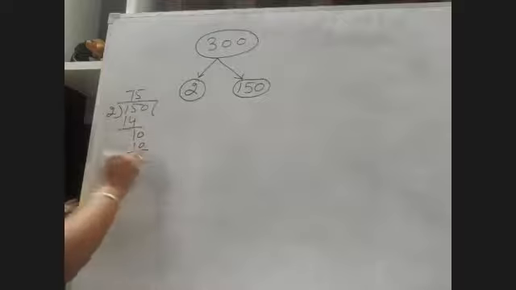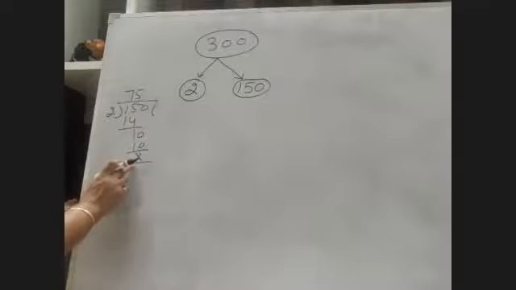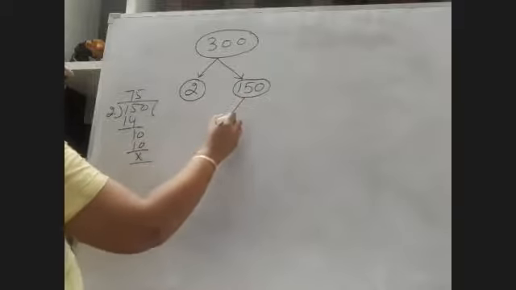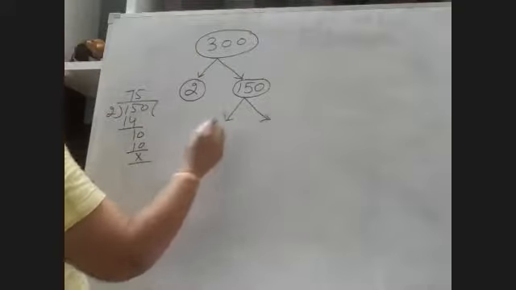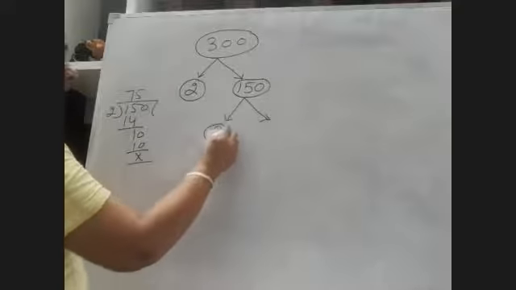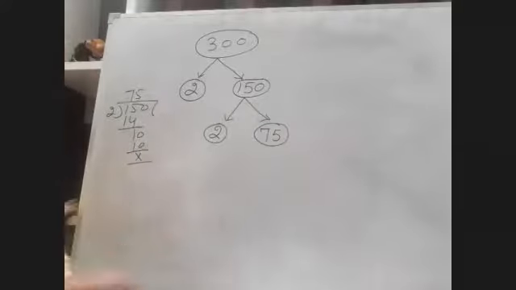And 5 2s are 10. We get 75 and remainder is 0. Again, students, 150 is divided into two parts. First is 2 and second is 75.